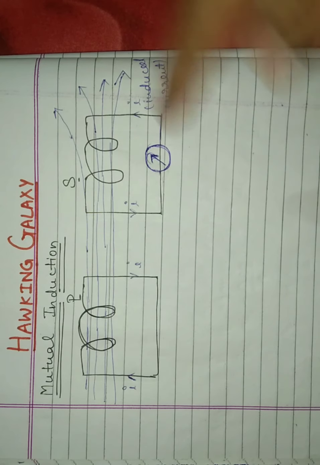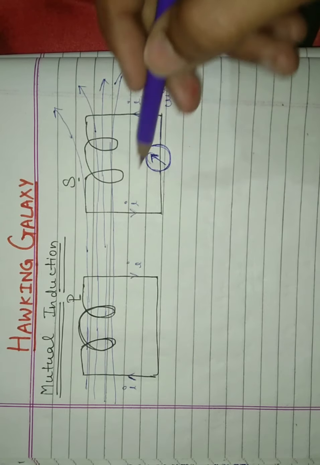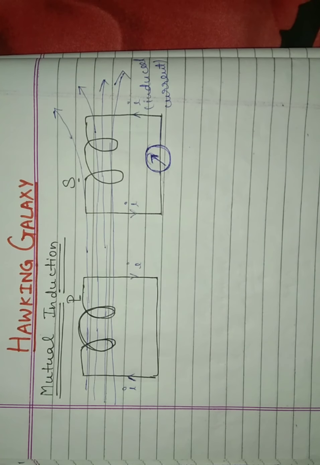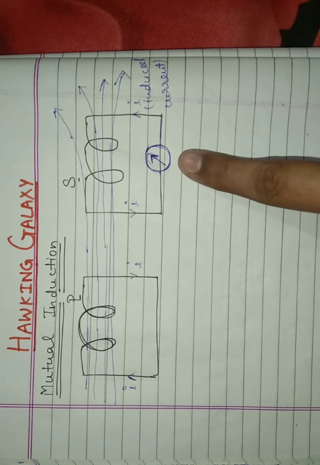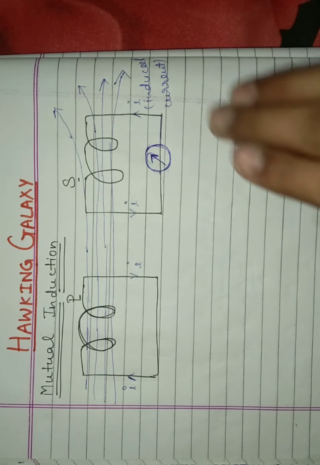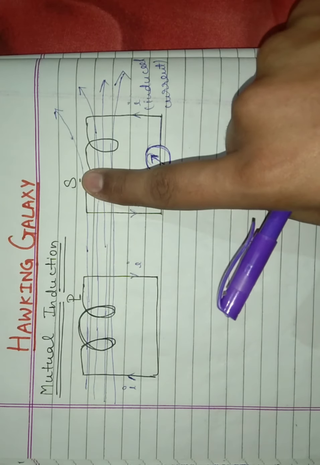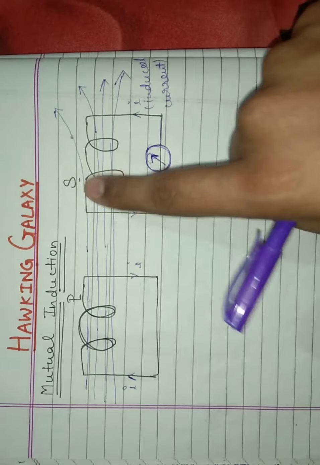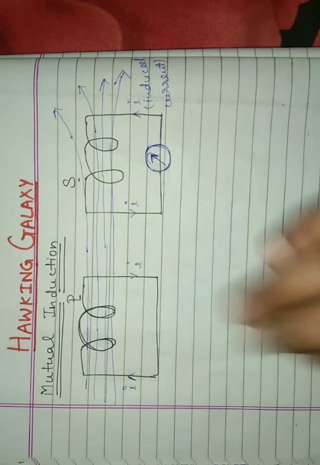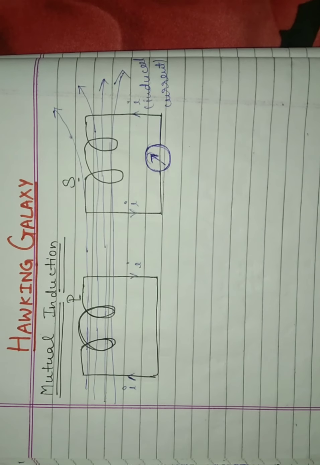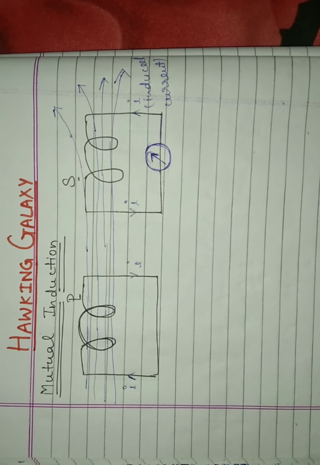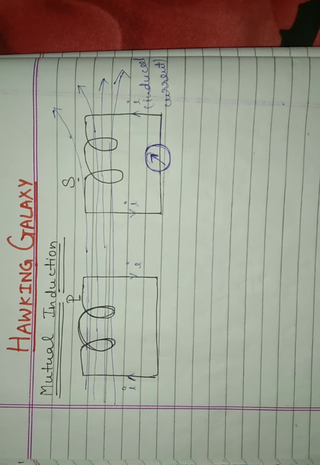I have told you in the previous video: if the galvanometer needle shows clockwise, then the current in this secondary coil will be anti-clockwise. So this was the definition of mutual induction.